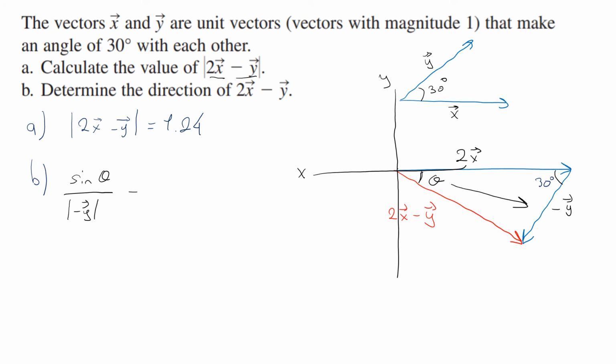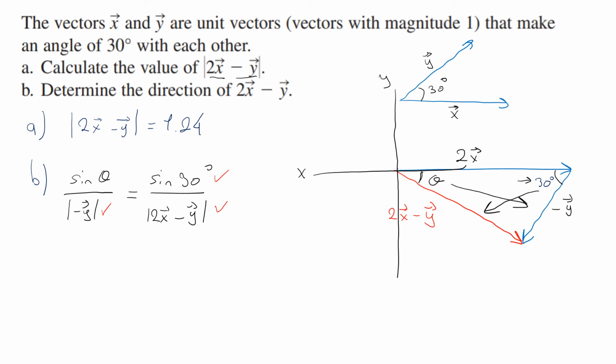And then this equals the other angle over here, so that equals sine 30 over the vector it's looking at, which would be 2x minus y. From here, I know the magnitude of this, I know the magnitude of this, and this just needs to be plugged in, so I can leave sine of the degree I'm trying to find alone.